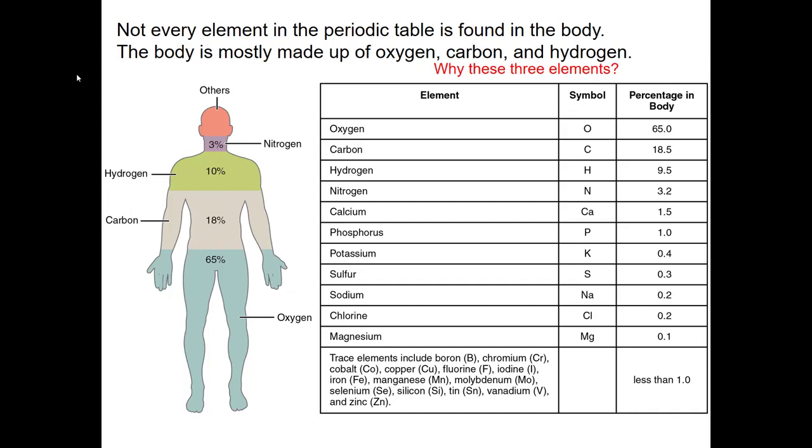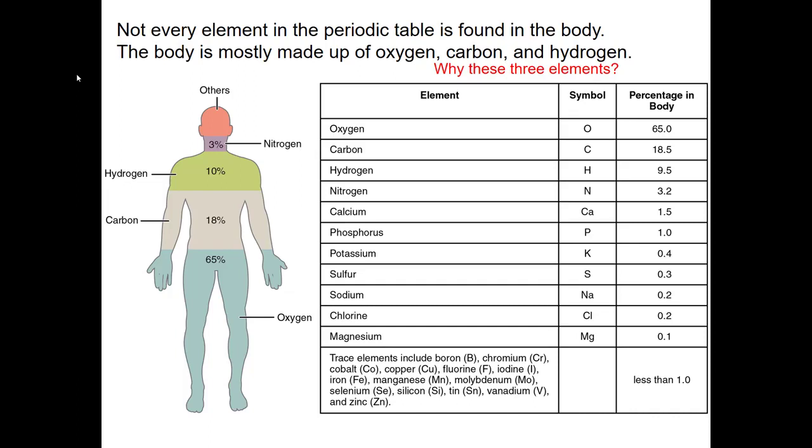So our bodies are, I want to say, like 78% water. Water is everywhere. It's inside our cells, it's outside our cells, it's in all our organs and tissues. It's what makes our blood fluid, right, is water. So a huge amount of water in our bodies, and that's why we're seeing so much oxygen and hydrogen.